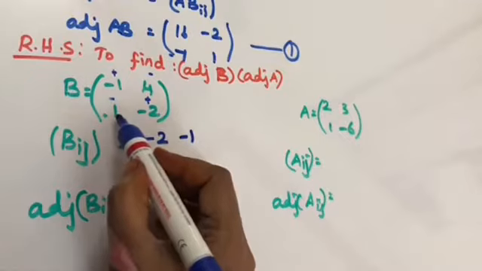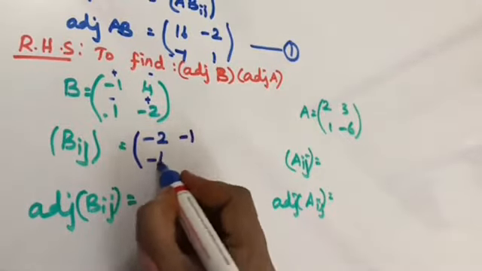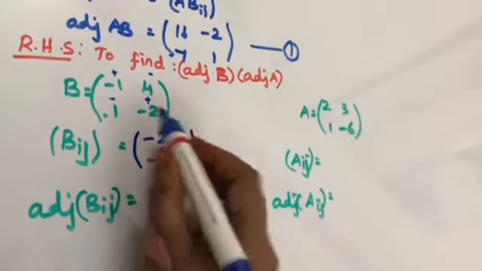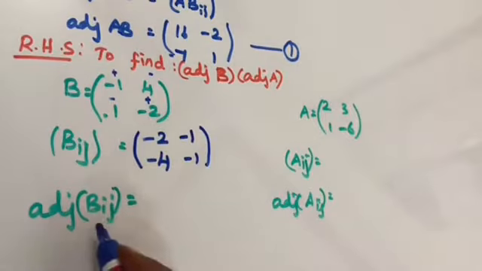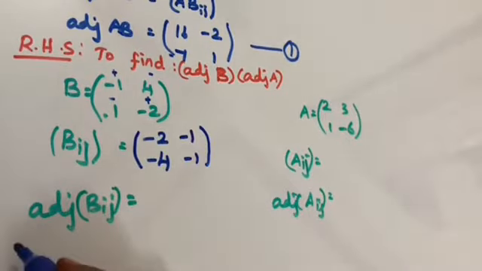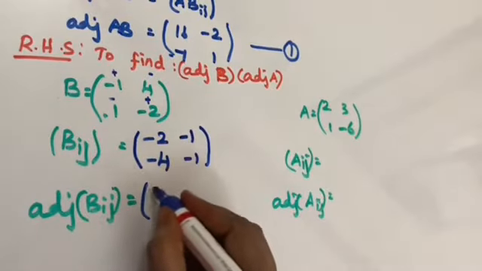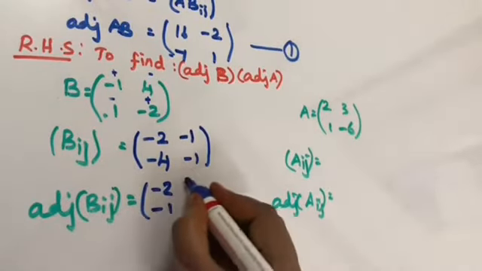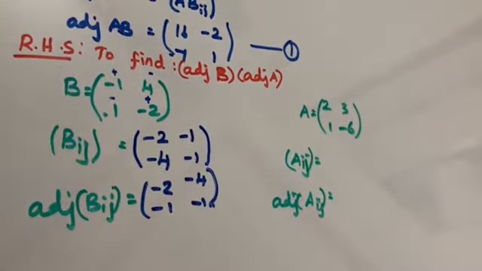For 1 the cofactor is 4, but it should also be negative, so minus 4. For minus 2 the cofactor is minus 1. So adjoint B. What is adjoint B? It is the transpose of the cofactor matrix Bij, right? So minus 2, minus 1 and minus 4, minus 1. That is adjoint B.